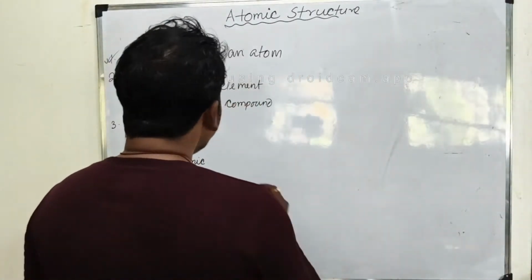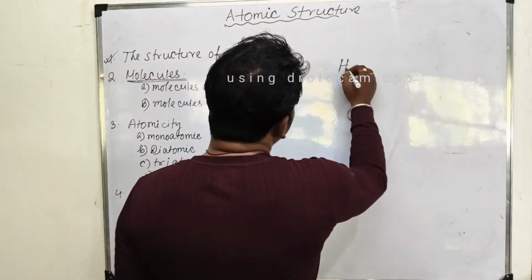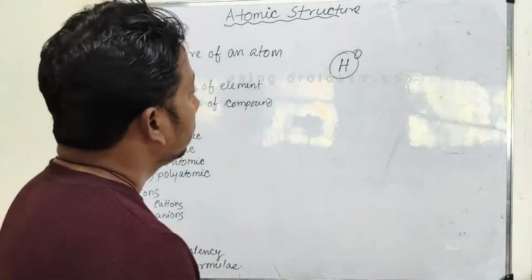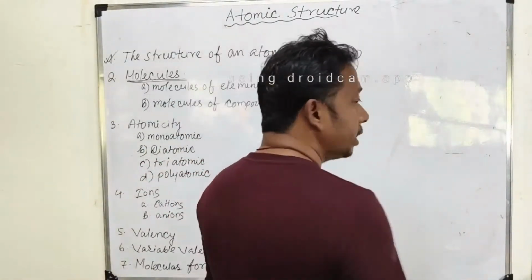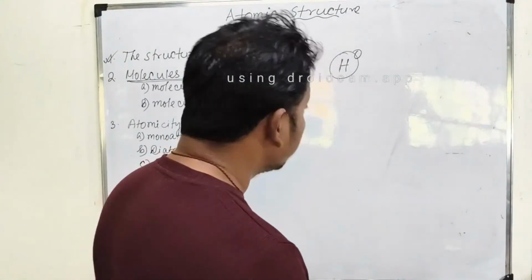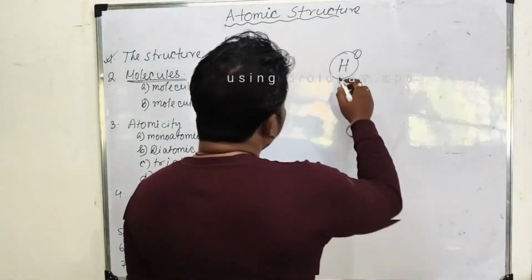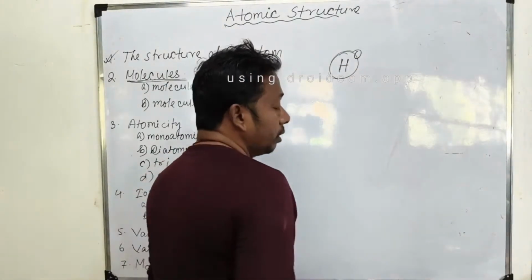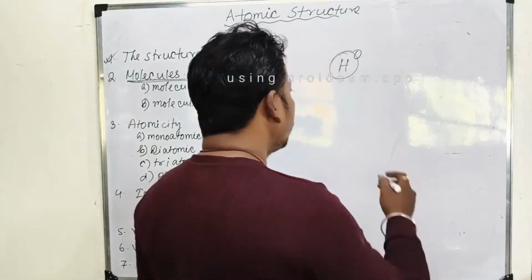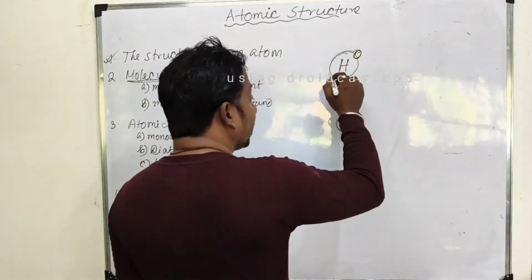Think about hydrogen. Its outermost shell contains only one electron, so hydrogen wants to fulfill its duplet. What is duplet and what is octet? Duplet means an atom fulfills its outermost shell. Here hydrogen's outermost shell contains one electron.